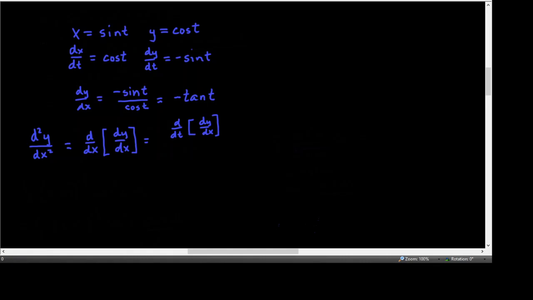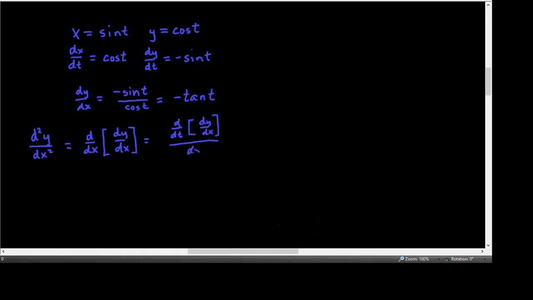But if you look at the notation there, that's d squared y, but dt times dx, which is not dx squared. So that's not quite what we want. And to make it work out, we want to get rid of the dt and introduce another dx.